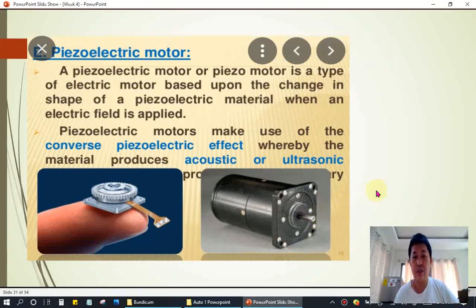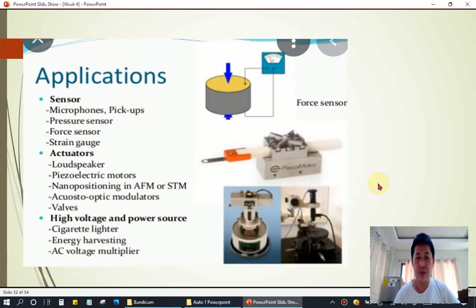During synchronization also, you can operate from your main switchboard in the engine control room. So these are the applications of the piezoelectric sensor.